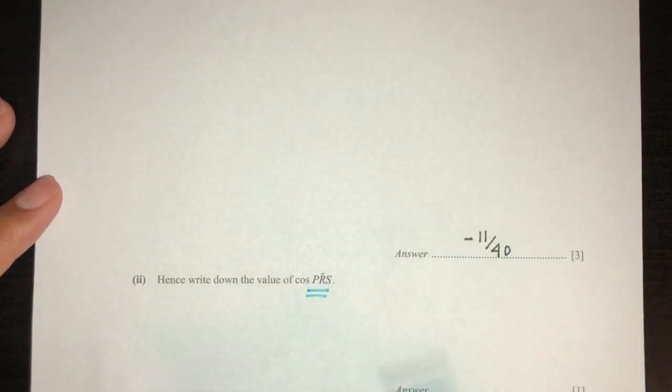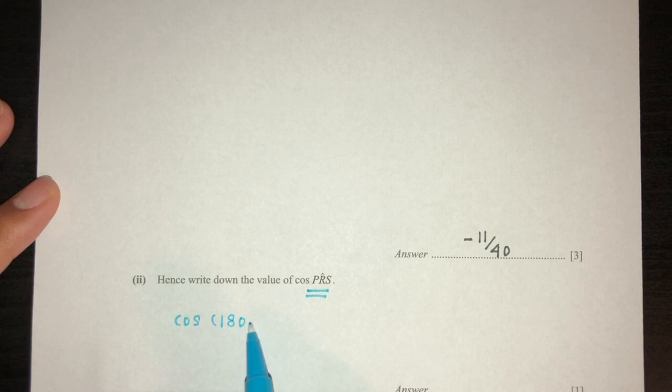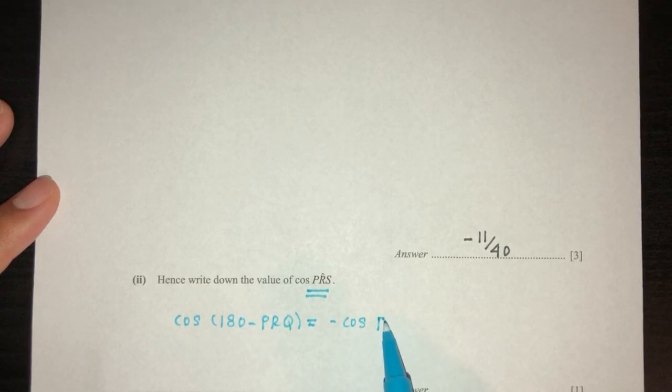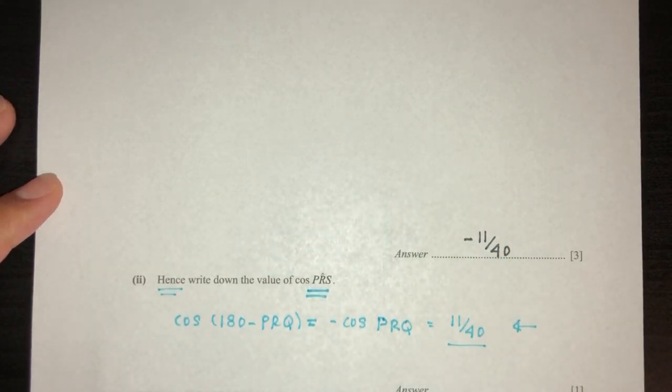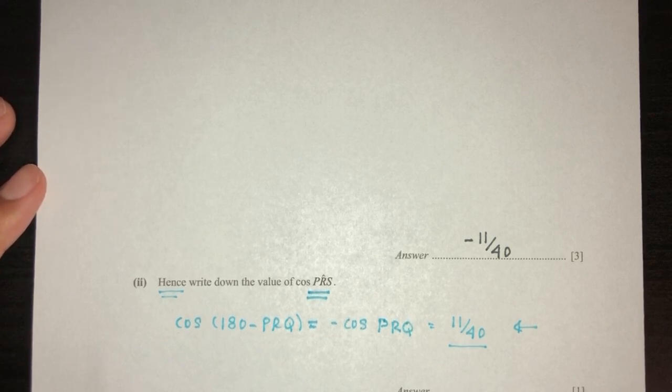So basically here we want to find cos of 180 minus PRQ, which is equal to minus cos of PRQ. That will be 11 over 40 as your answer. Hence you have to use your value from the first part to help you with that. So yeah, that should be your answer for this question.